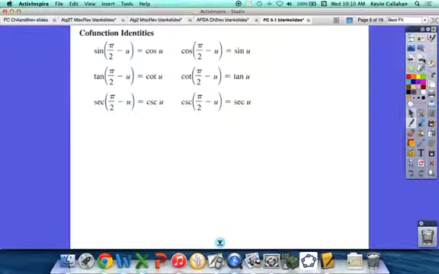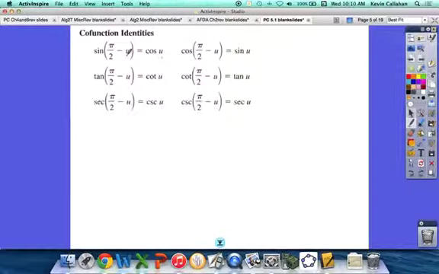I mean, you could verify, if you're not sure, for example, is sine of pi over 2 minus u equal to cosine of u? Just do a substitution, right? If the angle is 0, then this would be the sine of pi over 2, which is 1. And then that would be the cosine of 0, which is 1.